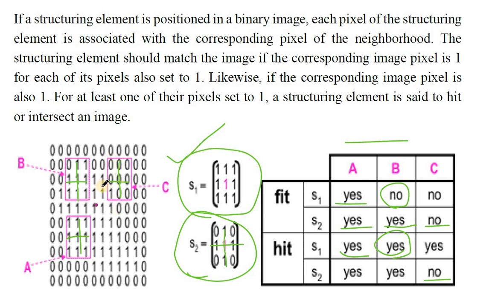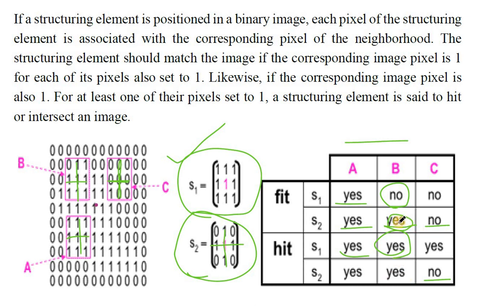For a hit, you want that at least one position intersects. So see C. If I try and place S2 over here, S2 is a cross, correct? So S2 and C is neither a fit nor a hit, because a fit happens when all the positions are matching. जैसे B and S2 is a fit.